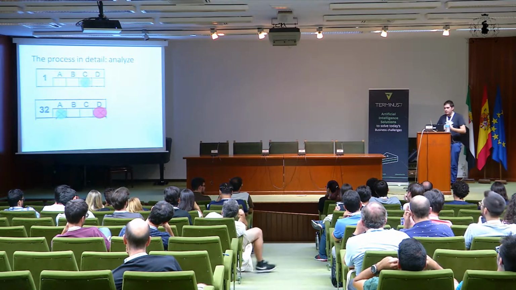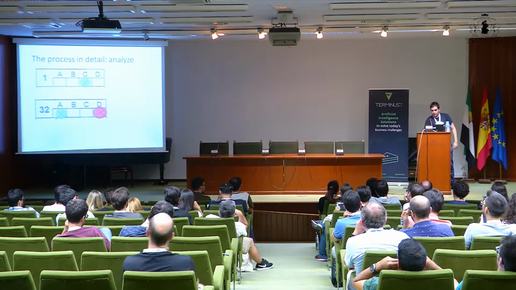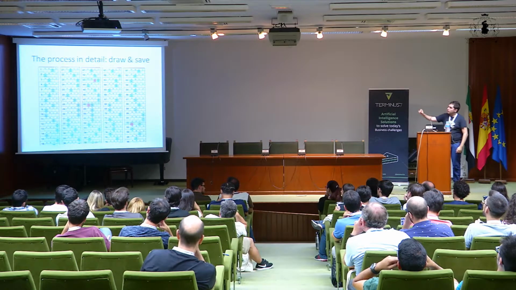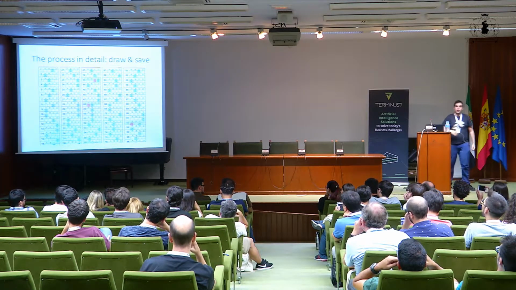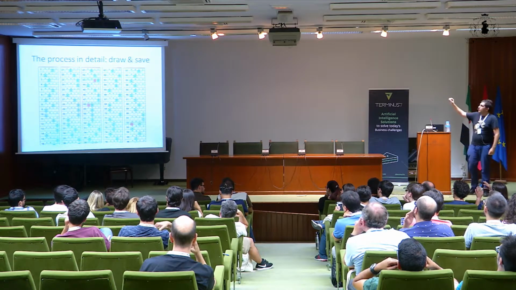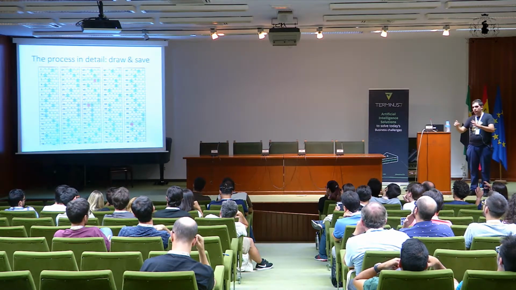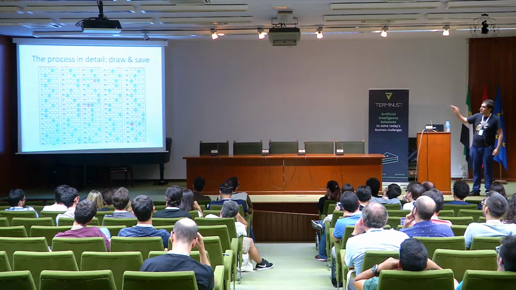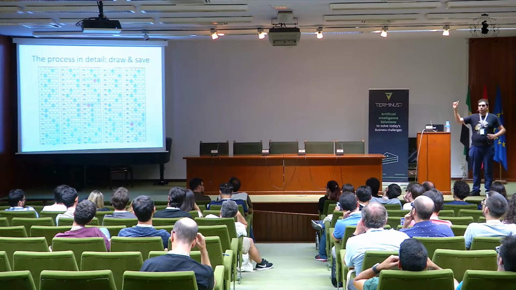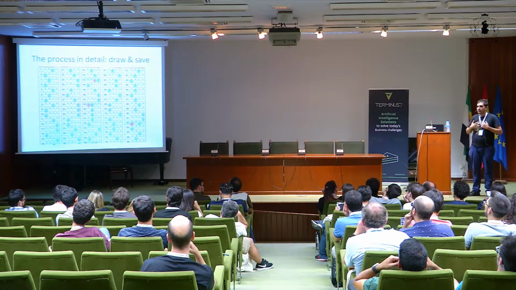For example, what I did was mark it with a yellow rectangle in the final image. So I analyzed the whole exam, and I store the answers, and on the other hand, I store this image that will draw a green rectangle over my detected answers.